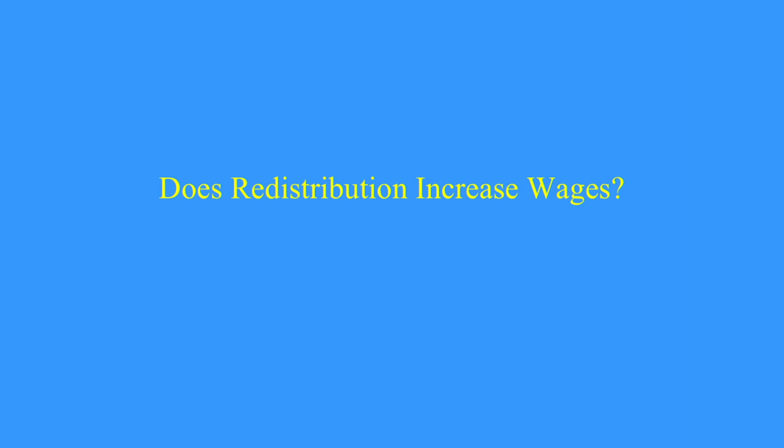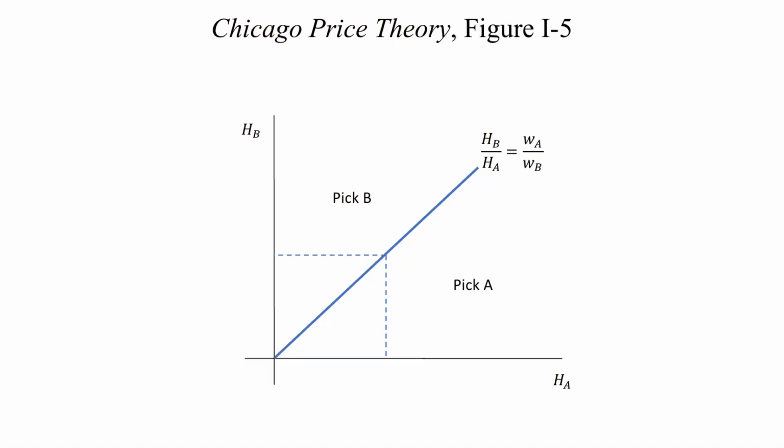So the last question I want to deal with today is whether redistribution increases wages. And I thought a good picture here to start with is from the introduction of our textbook.